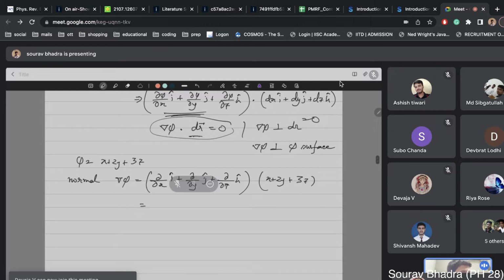So the result will be 1 i cap plus 2 j cap plus 3 k cap. So this is the normal vector of that particular surface phi.